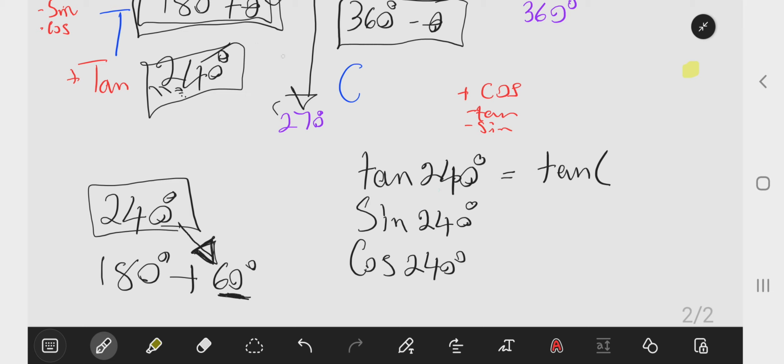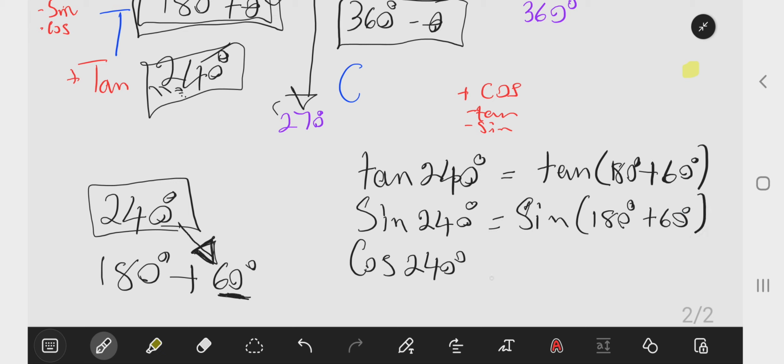And the reduction formula in the third quadrant is 180 plus 60, okay? And this is also the same as sine 180 plus 60, because the reduction formula says 180 plus theta in the third quadrant. So that would be cos 180 plus 60, okay? So that is how we reduce our angles.